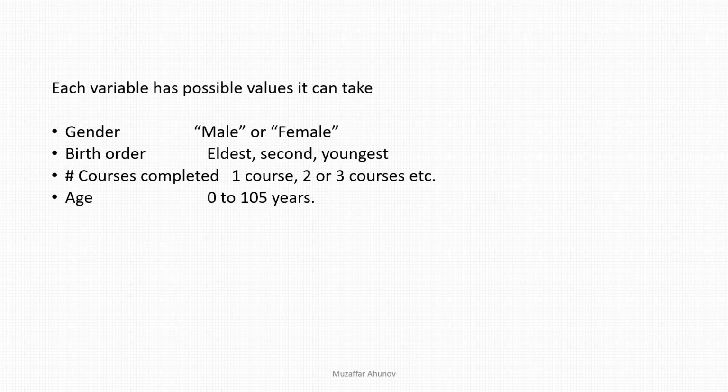Birth order might be oldest, second, youngest, etc. Number of courses completed by a student might be one course, two courses, three courses, etc. Age can be any number between 0 and 105 years.